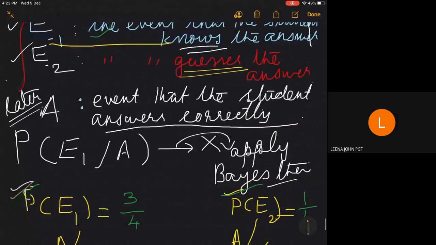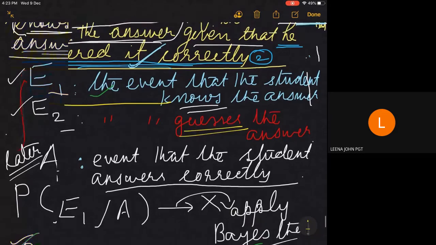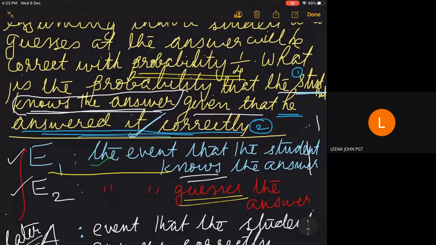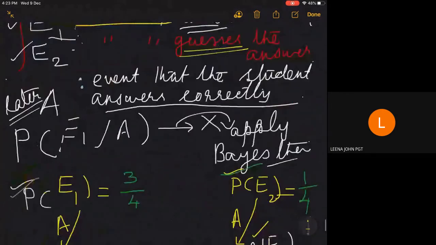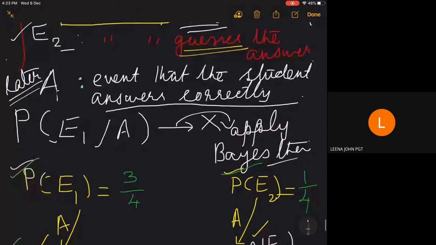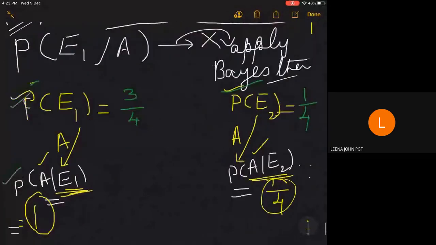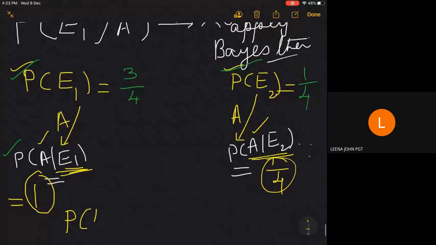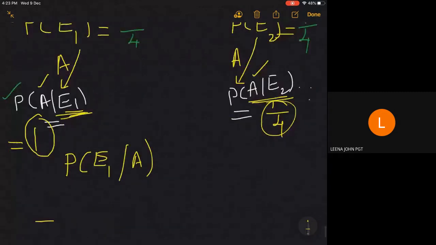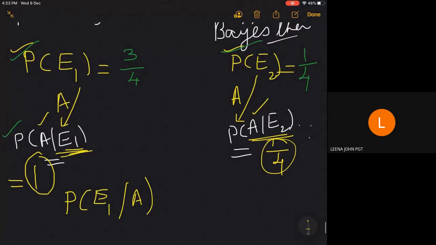Now what is the final question? What is the probability that the student knows the answer given that he answered it correctly? What is the probability that the student knows the answer? That is P of E1 given that A has happened. So here you will apply the Bayes theorem. For application of Bayes theorem, what do you have to do?